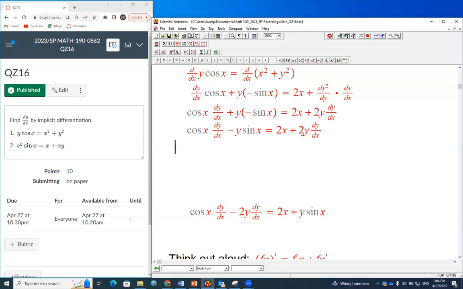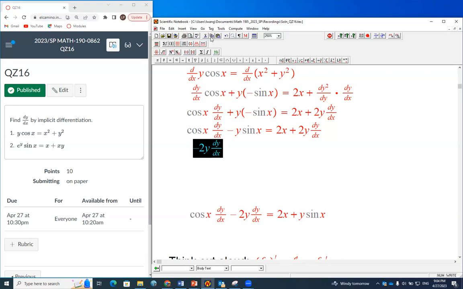You're going to say, hey, I'm going to subtract these two pieces, right? You're subtracting that piece on both sides, and you're adding that piece on both sides.